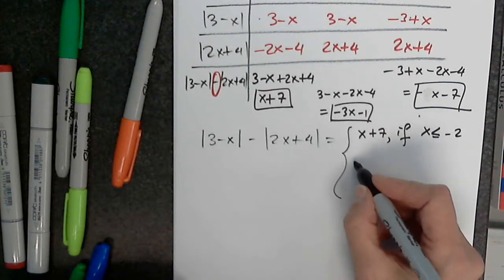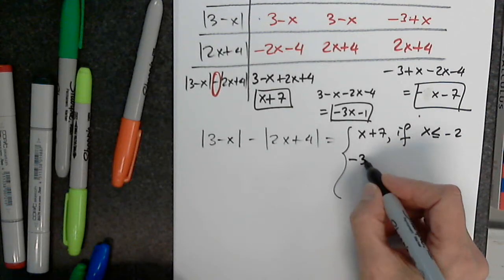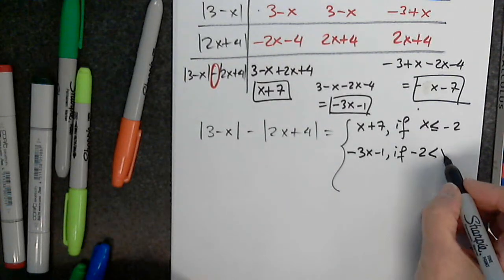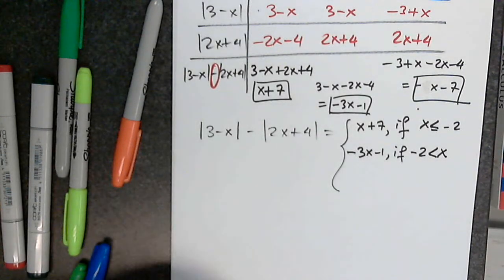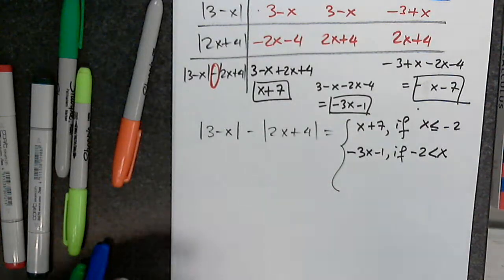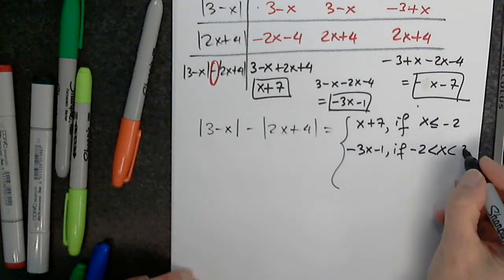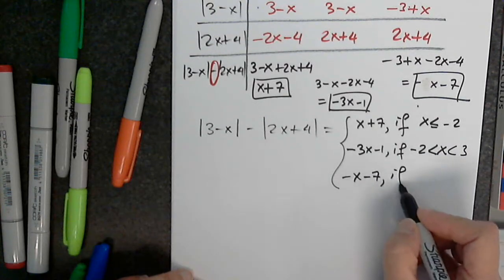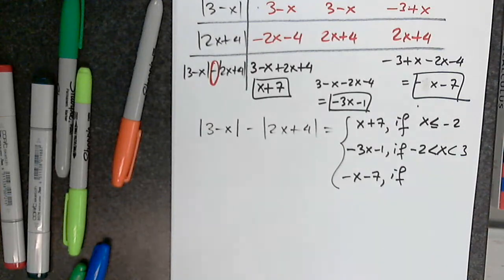And the second portion, negative 3x minus 1, if what? Negative 2 less than x. Now you decide. Is it less than or equal to 3 or less than 3? Doesn't matter. You want less than 3. Perfect. And the last option is negative x minus 7 if what? Exactly.